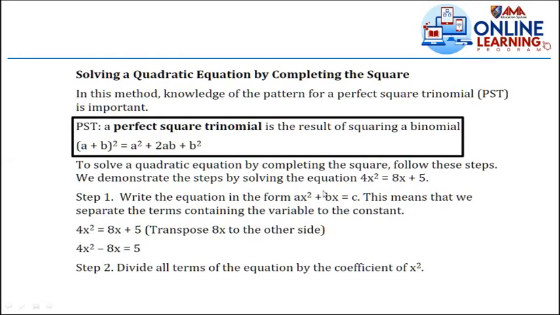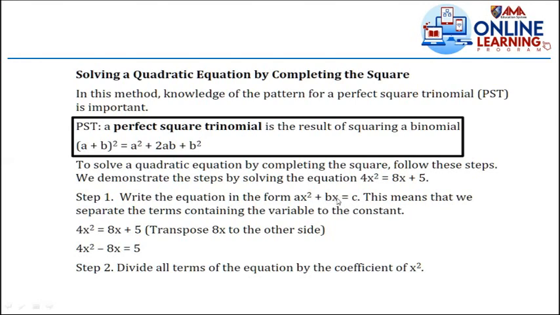Sabi dito, to solve a quadratic equation by completing the square, follow these steps. We demonstrate the steps by solving the equation 4x squared is equal to 8x plus 5. Step number 1, write the equation in the form ax squared plus bx is equal to constant.